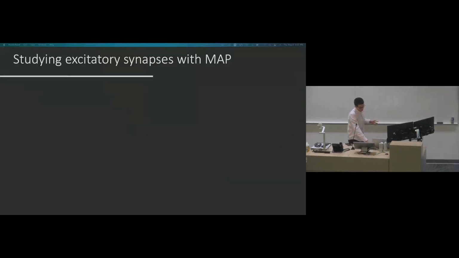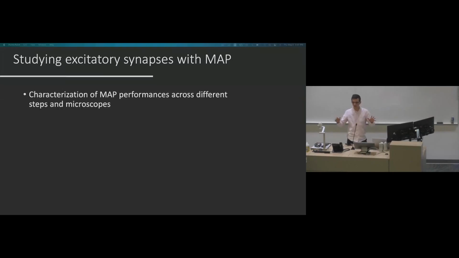In this paper, there were three main goals. First, to characterize the MAP performances across different steps, as well as different microscopes. Then to test MAP in different conditions, because not all of our tissue will be used only with expansion microscopy.